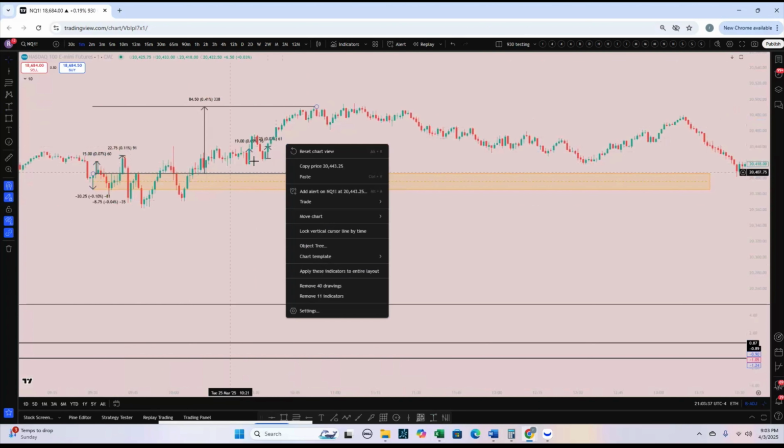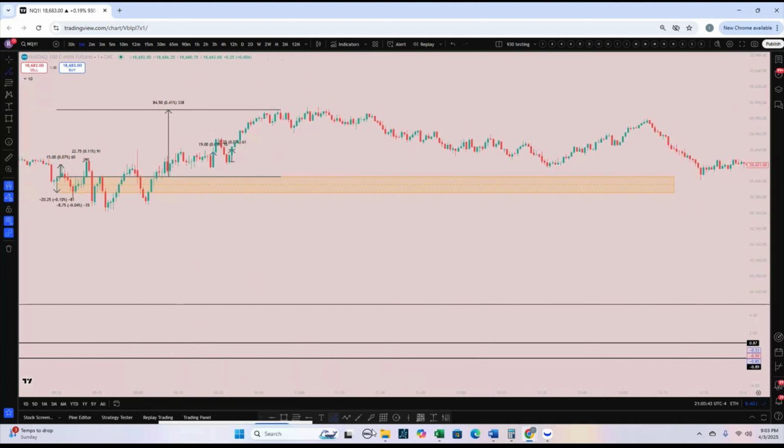Your stop is still here on your micro, and if it never gets touched, you just hit the mini for 10 points on the pullbacks. And now you've taken a $160, $170 trade, potentially 200. You see what I'm saying? Does that make sense? Yeah, absolutely.